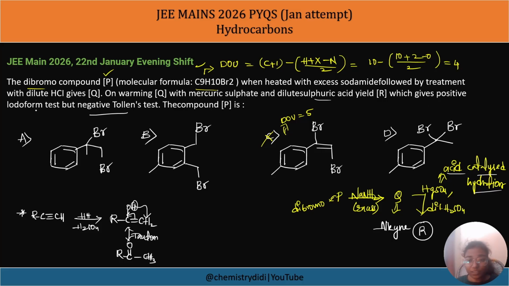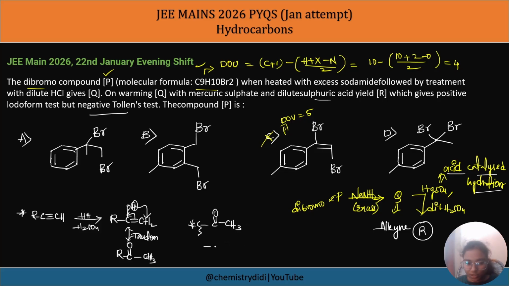Positive iodoform test means which will give positive iodoform test? Generally, methyl ketones like CH3, C double bond O, CH3. So if this type of group is there, then it shows the positive iodoform test, right?